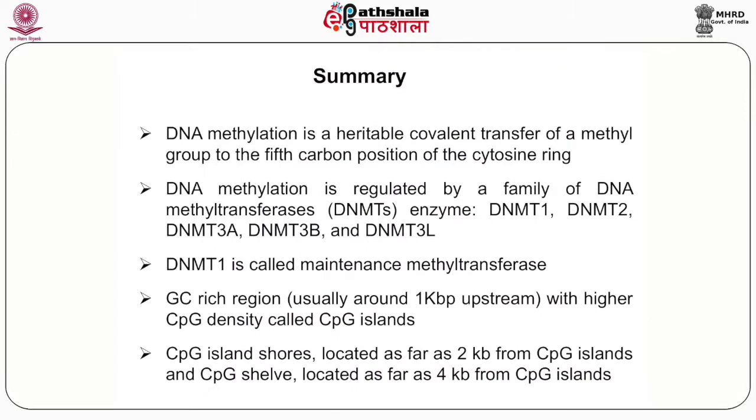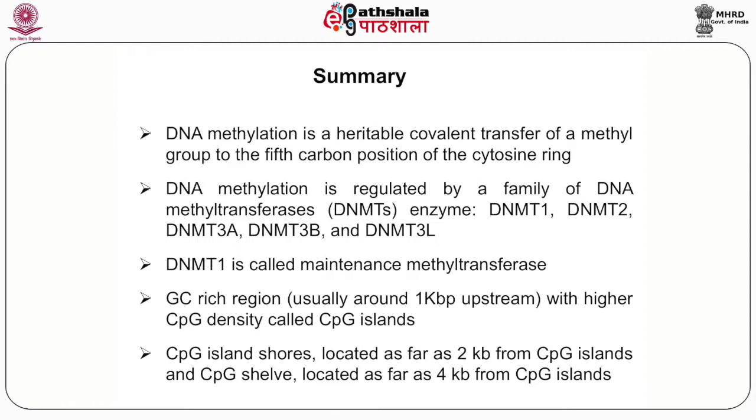DNA methylation is a heritable covalent transfer of a methyl group to the 5th carbon position of the cytosine ring. DNA methylation is regulated by a family of DNA methyltransferase enzymes like DNMT1, DNMT2, DNMT3A, DNMT3B and DNMT3L. Out of these enzymes, DNMT1 is called maintenance methyltransferase.